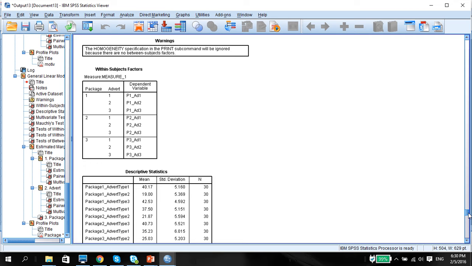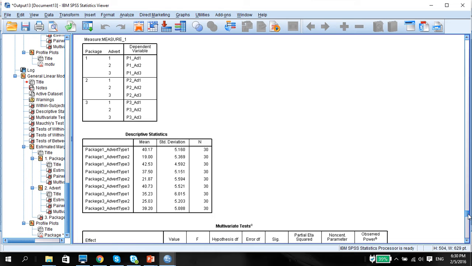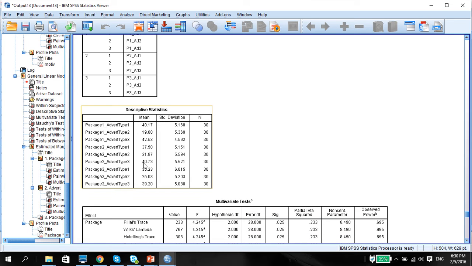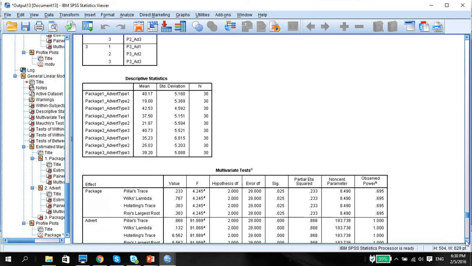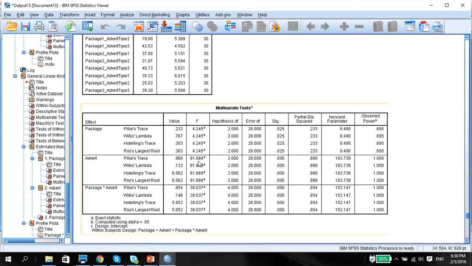It's only when we have a between subject factor with more than 2 levels that we'll probably see that in the mixed design. So we have the separate means for each of the combination, the multivariate statistics to see whether or not there's differences among the packages: for package you have 3 packages, and for AdWord you have 3 AdWords.